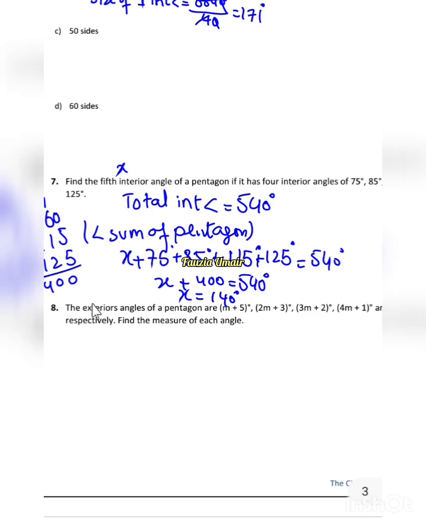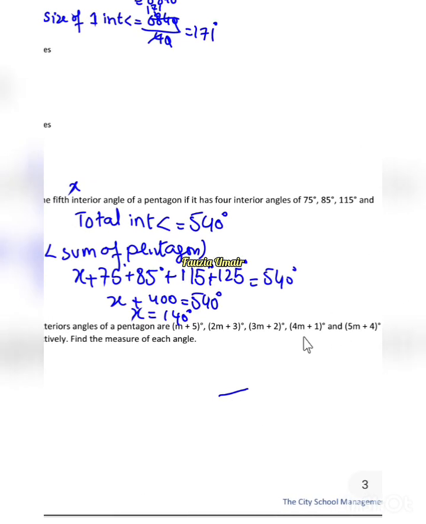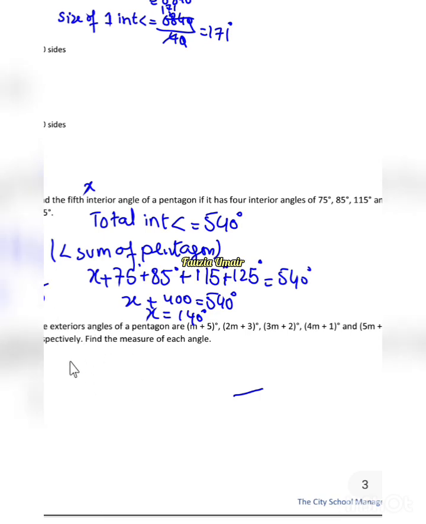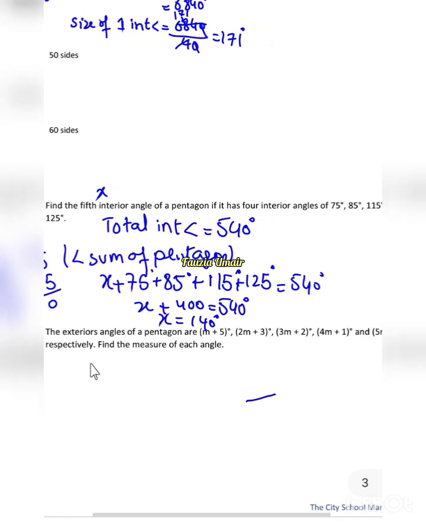The next question is: the exterior angles of a pentagon are these. You need to measure each angle. Exterior angles, you can see how many there are: 1, 2, 3, 4 and 5. If we add all these 5 angles, we know that the total exterior angle is always 360 degrees.